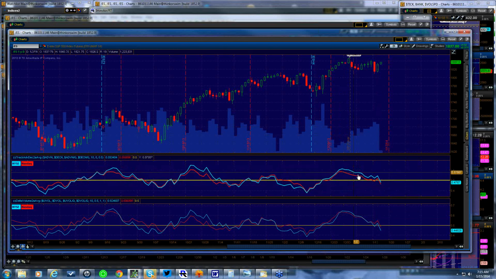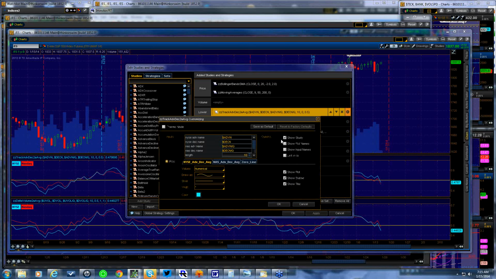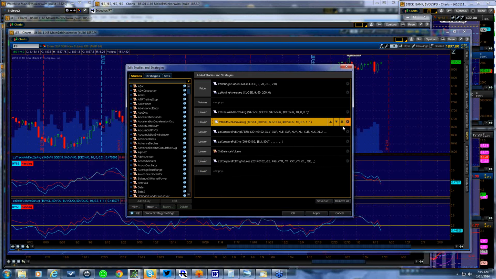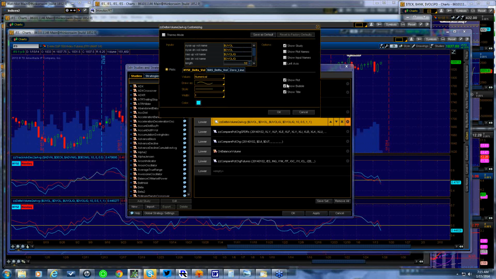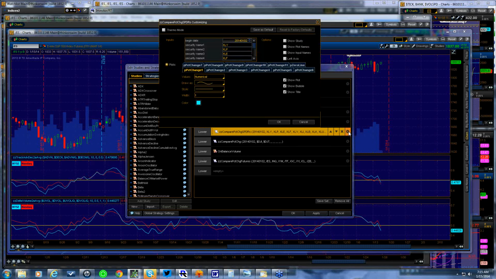But still we have a significant non-confirmation in terms of overall market breadth there. So next we'll take a look at the sectors.